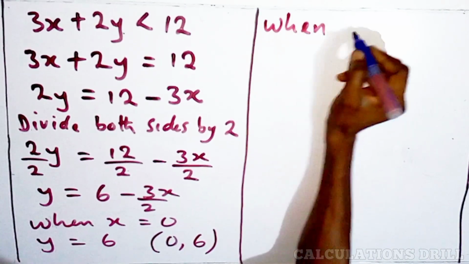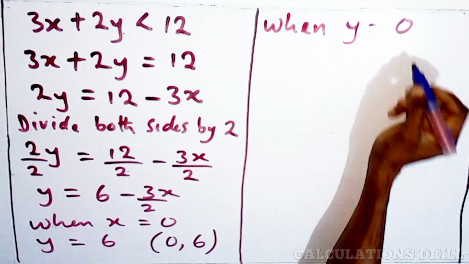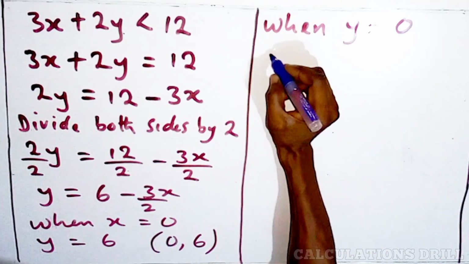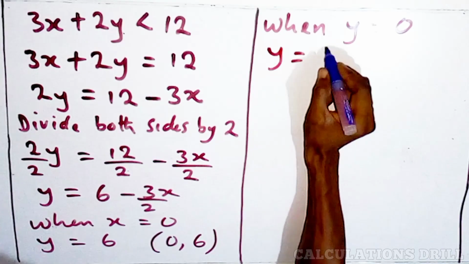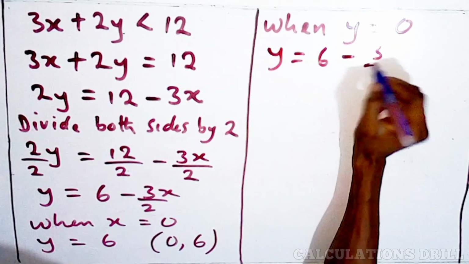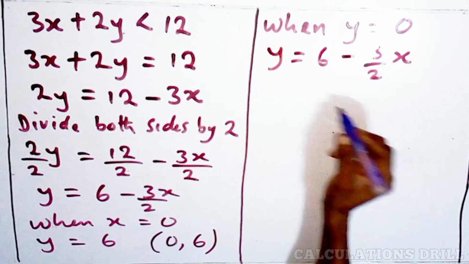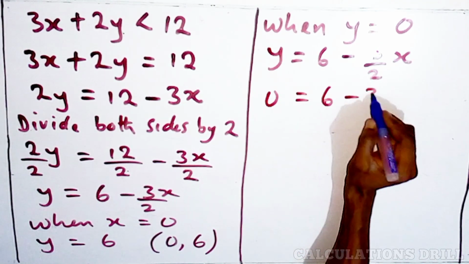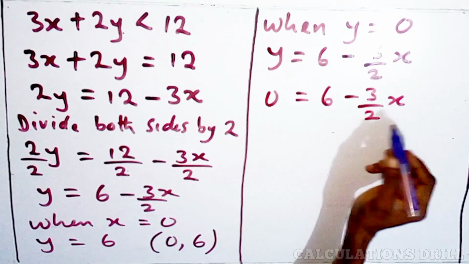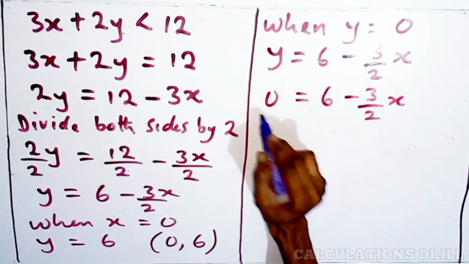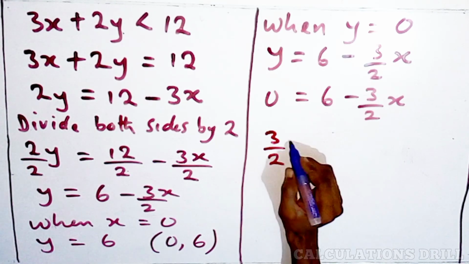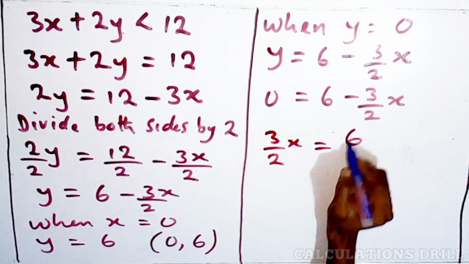Then the next one, when y is equal to 0, in the same equation, anywhere you see y, you put 0. So in doing that, we're going to have 0 equals 6 minus 3 over 2x. Take the minus 3 over 2x to the left hand side.